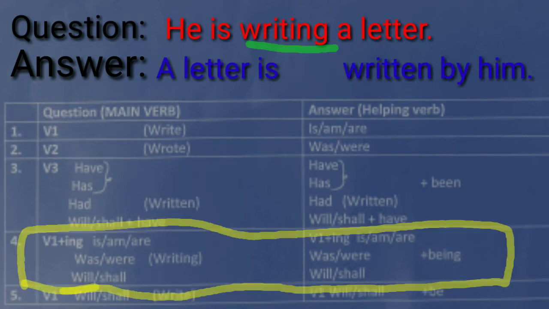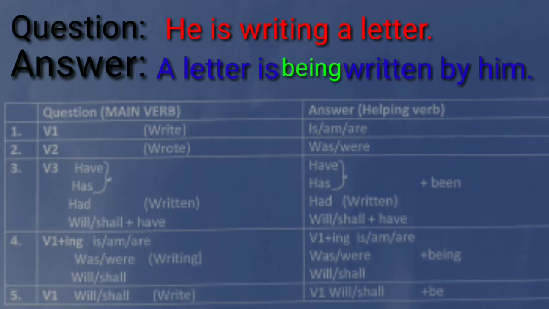In the question, if you have the ing form like is, am or are writing, was or were writing, will or shall be writing, then in the answer you will have being along with helping verbs like is, am or was or were, will or shall. But don't forget, you will have being as a helping verb.